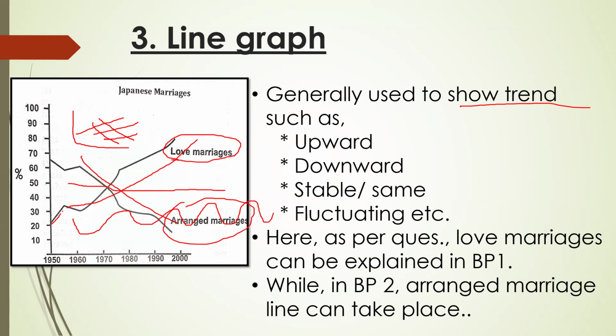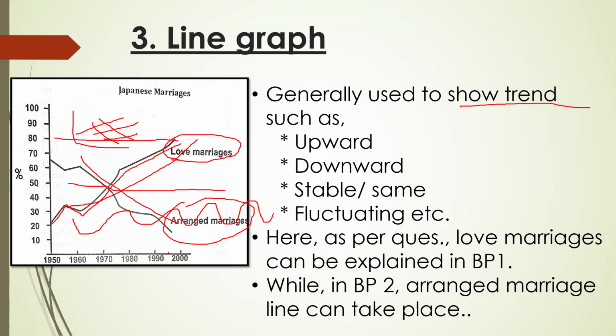From 20%, the people increased, right, in love marriages, and till 1990, you can say, or 2000, there were at least 80% people, right, who were interested in love marriages.